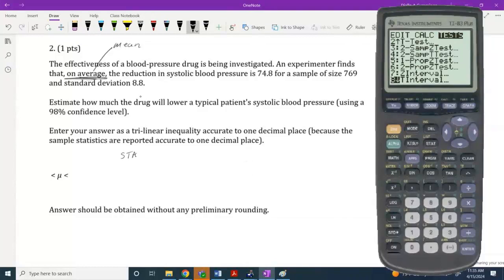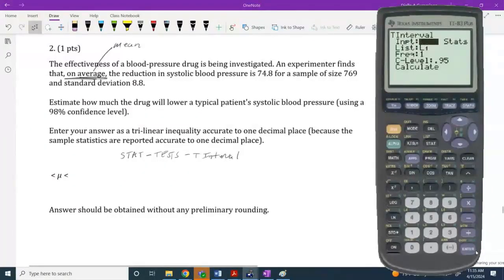So we use stat. We went over to test, and we're using the T interval. All right, so I'm going to hit enter. So now for the input, there's 2 types of input. You can actually put in the data if you have a data set.